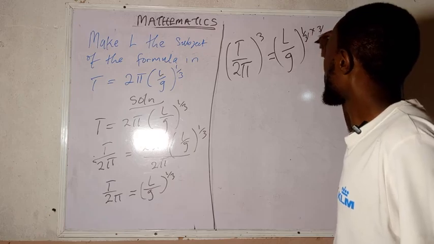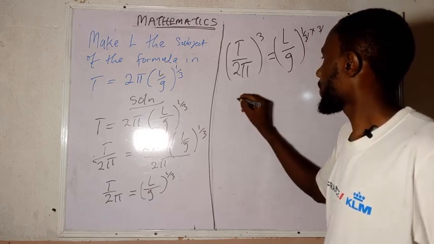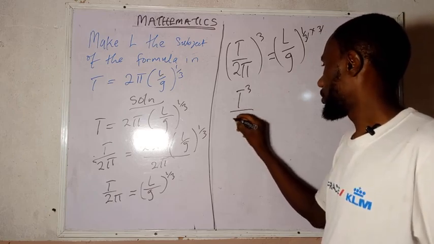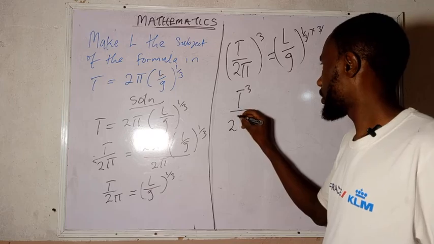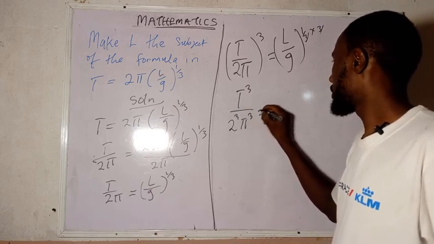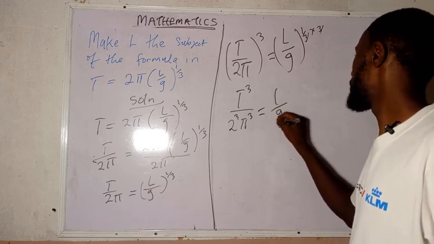The 3 cancel out, remaining with T raised to the power 3 over 2 raised to the power 3 pi also raised to the power 3, is equal to L all over G.